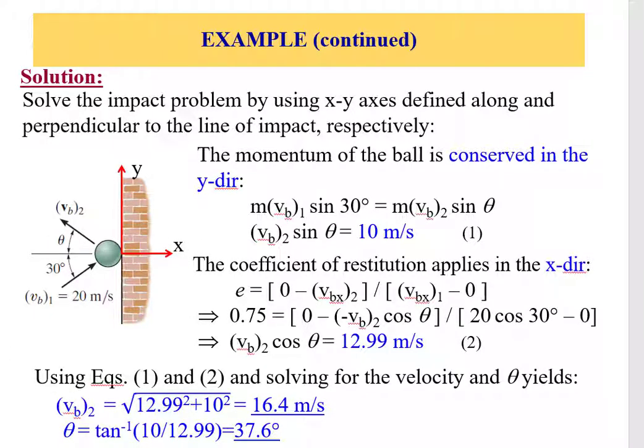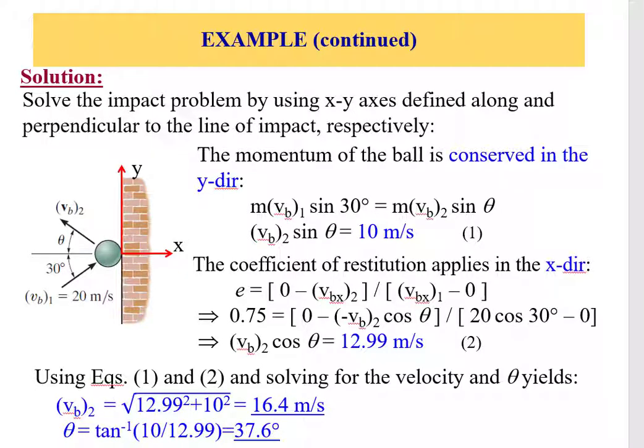In this case you don't need to apply it, simply because the coefficient of restitution is given to you. Therefore, you solve for these two unknowns by squaring equation 1 and equation 2, and adding them. Then sine theta squared plus cosine theta squared, and the component VB2 is outside, so that's what you get. So this is how you solve it.